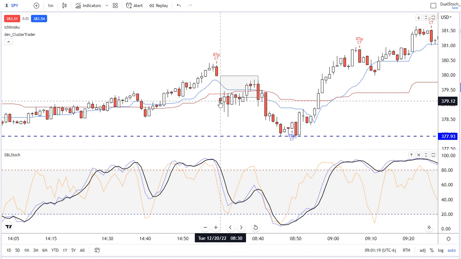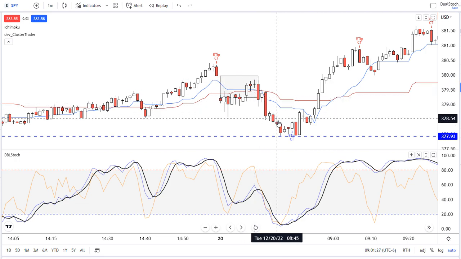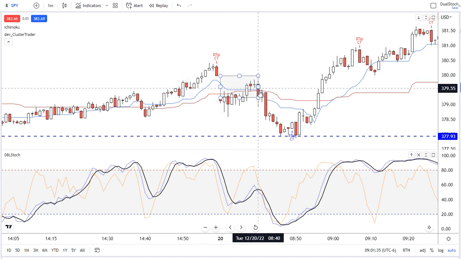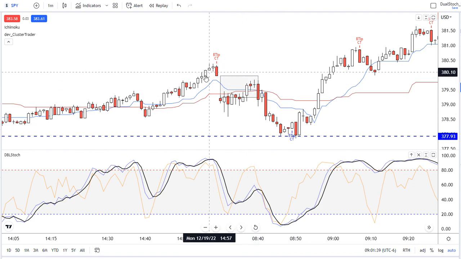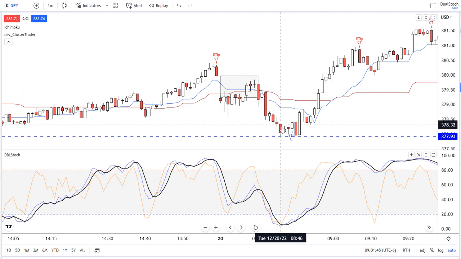So we gapped down, we filled the gap, and then we faded the fill, and then we got a gap continuation. The market moved down consistent with the gap. So if we gap down, we look for a sell, and then it continues down right here. So there's a gap down that rallied up, filled 90% of the gap, and then continued in the direction of the gap.